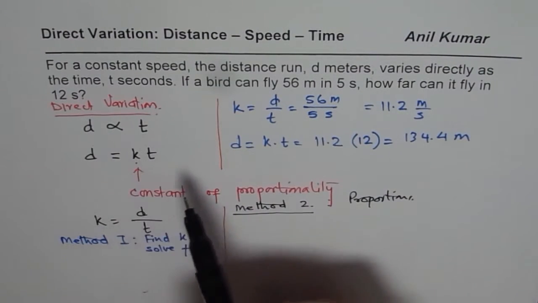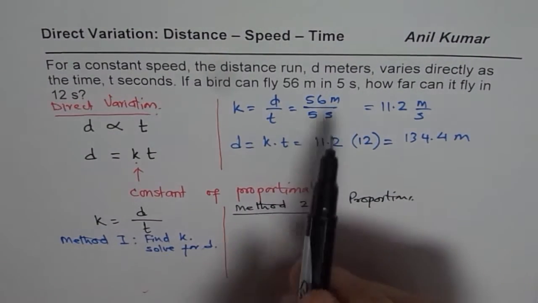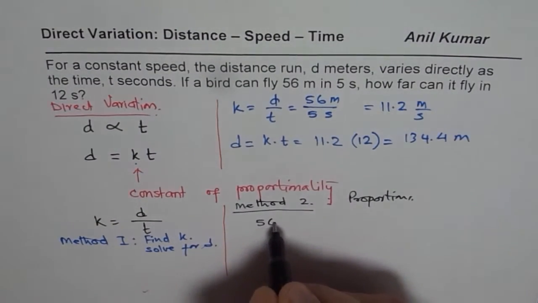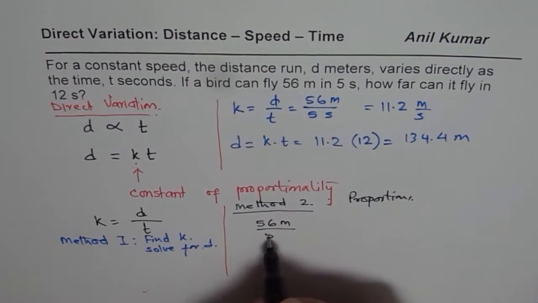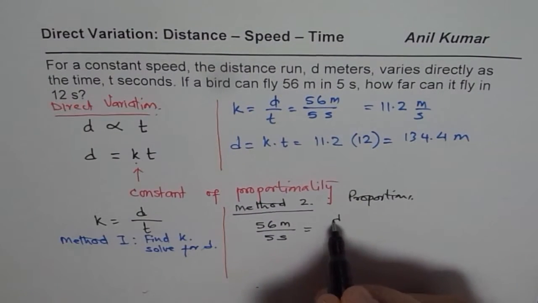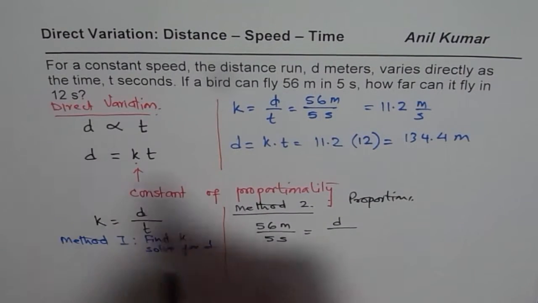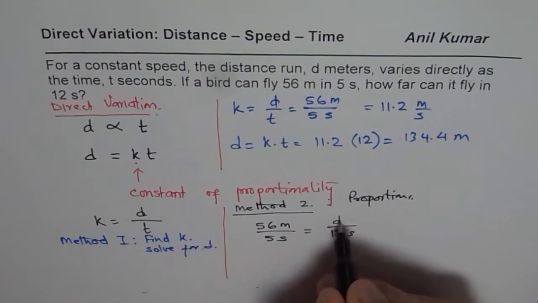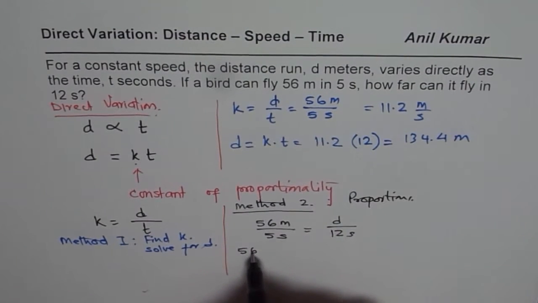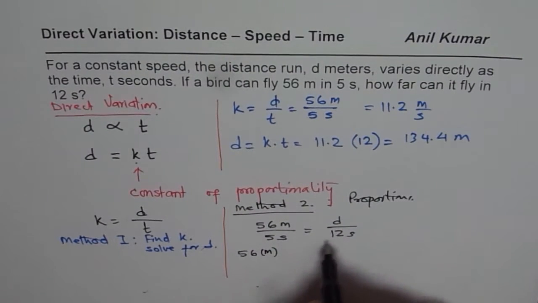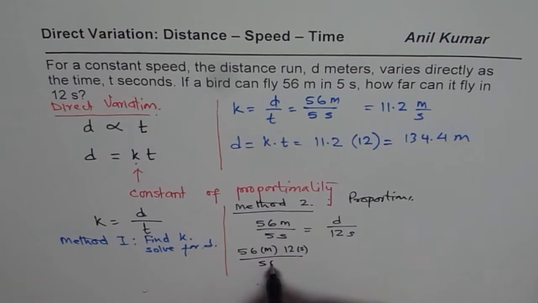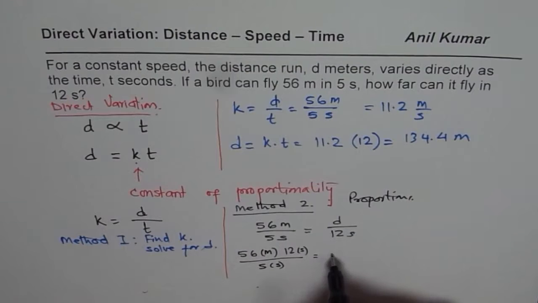Since we know that the ratio d over t is constant, what we are given is 56 meters by 5 seconds equals, we want to find distance, and we are given 12 seconds, that ratio. So we can rearrange: distance is equal to 56 meters times 12 seconds divided by 5 seconds, right? That is the distance.